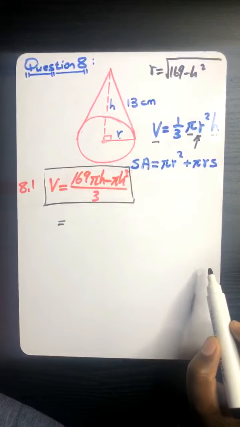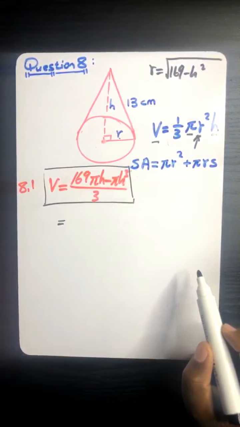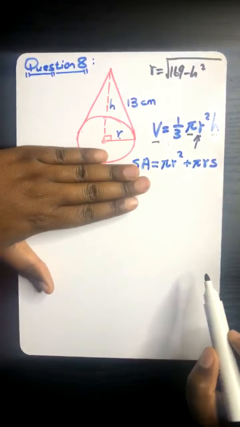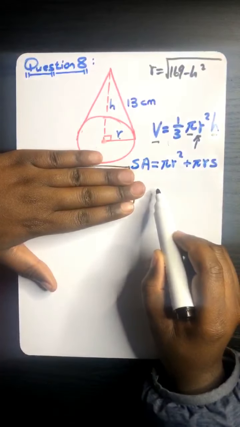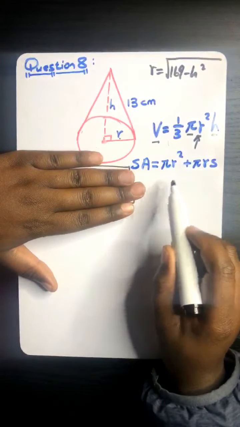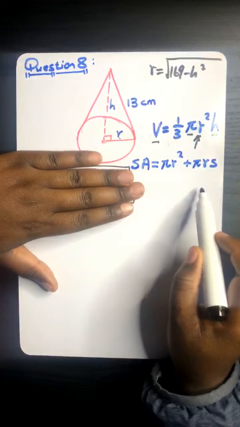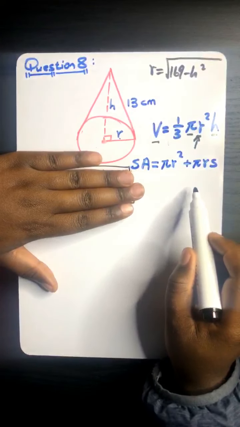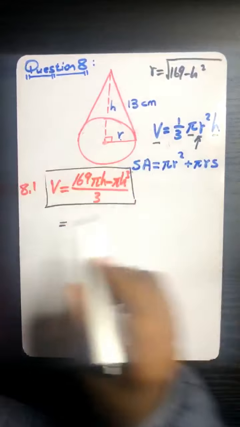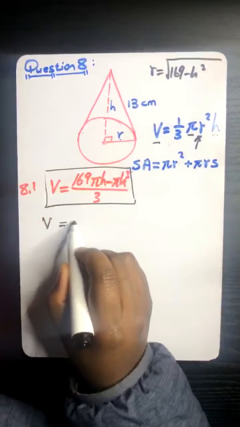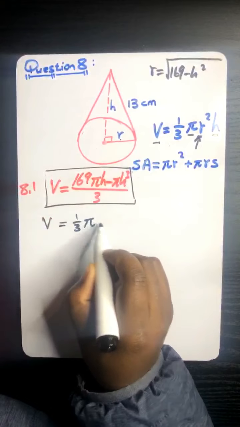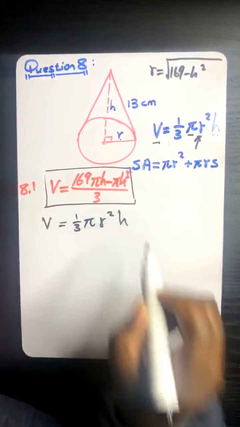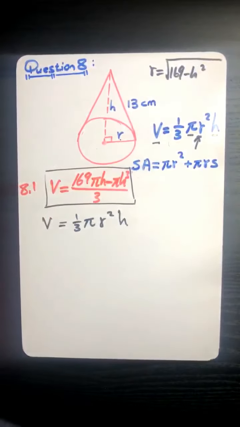So as part of your first step, you don't necessarily need to write all of this, but you can just start with the formula, hypotenuse squared equals whatever. The main reason you do that is because you want to substitute into this formula.